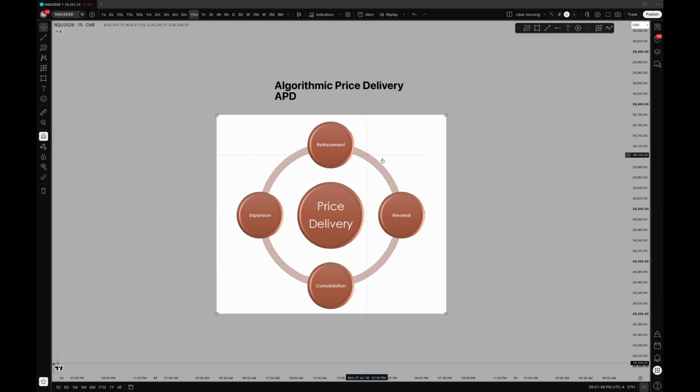So you can have all the other 4 stages of price. So consolidation is the beginning, expansion is the secondary part of the price delivery. Then you can have retracement, reversal, or consolidation again. If you have retracement, it's obviously like your stairways to heaven.